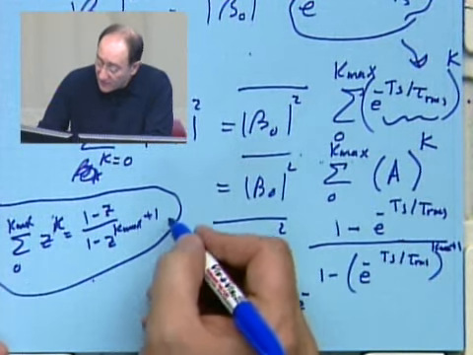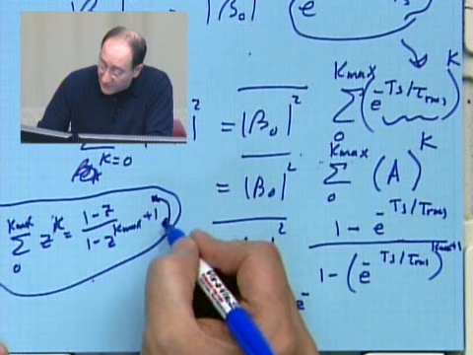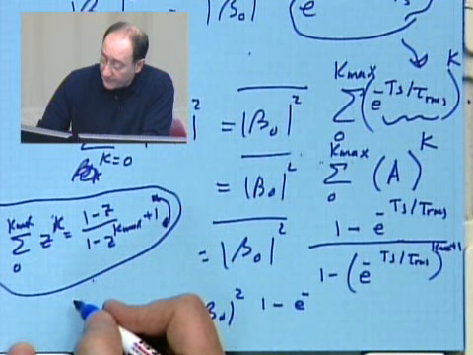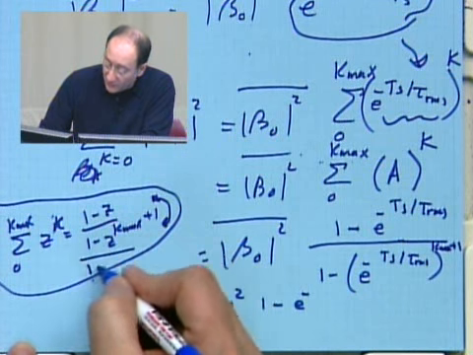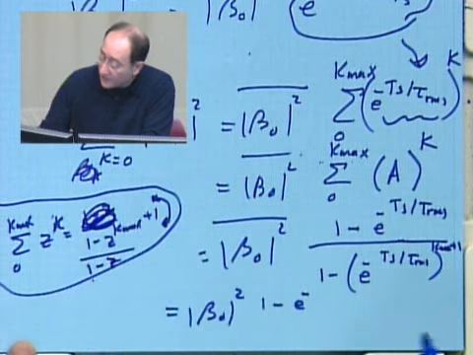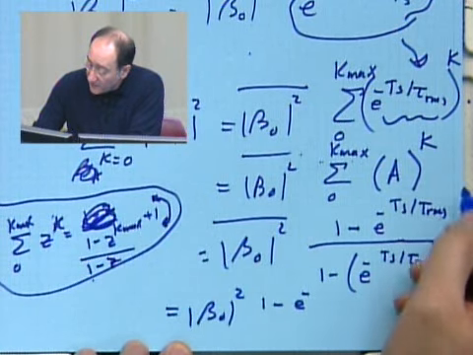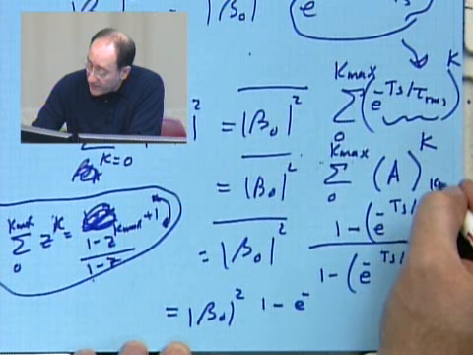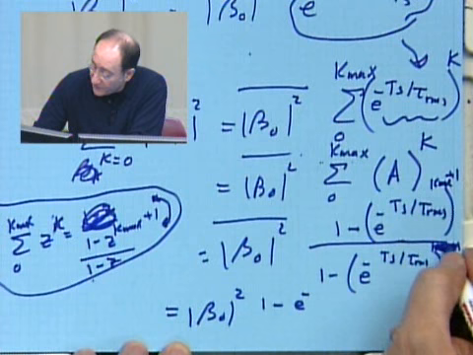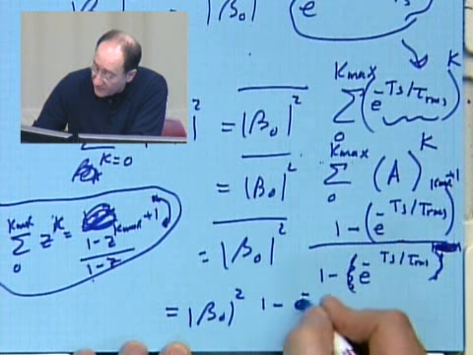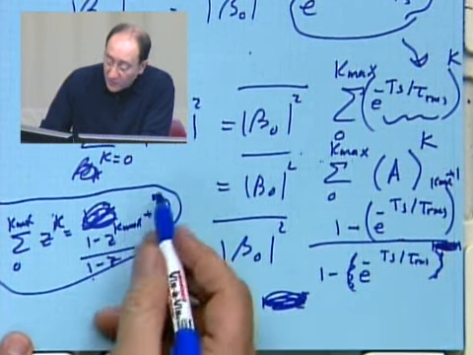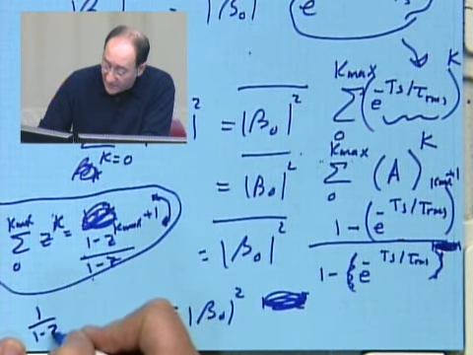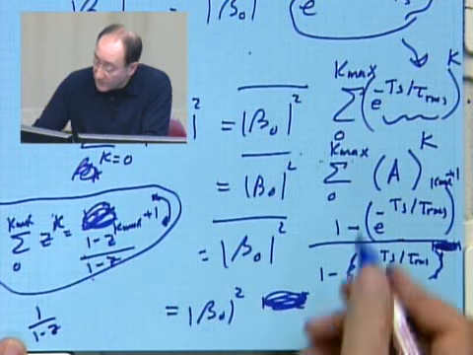I made a mistake. It's the reverse of this thing. This is 1 minus A to the power of k max plus 1, over 1 minus A. Now, when k max goes to infinity, this thing goes to 1 over 1 minus A. This is where it goes.